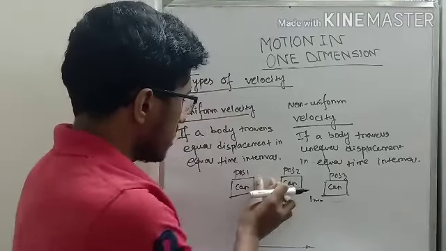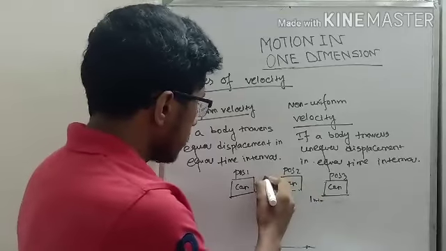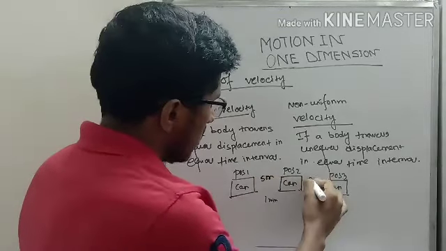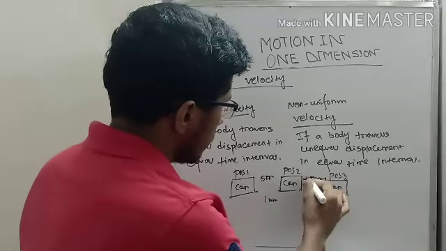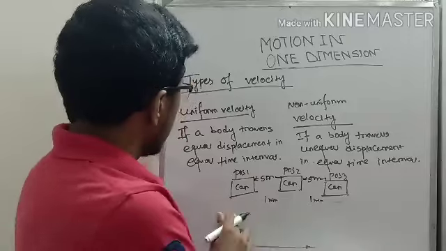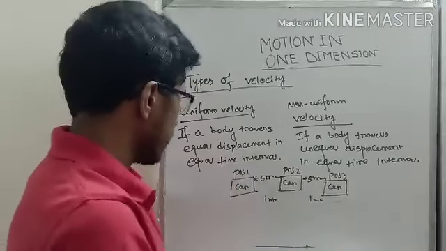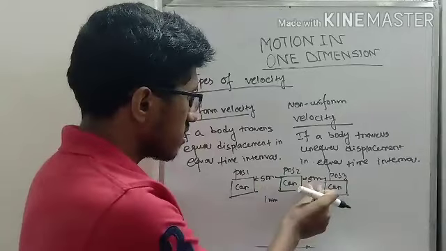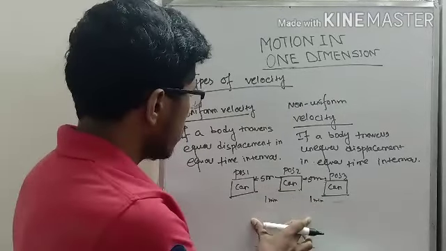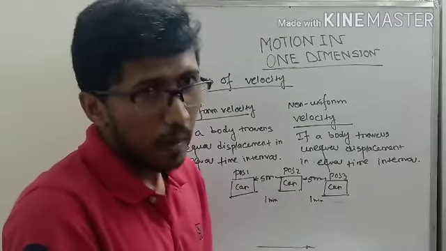If the displacement between these two positions is 5 meter, and this is also 5 meter, then the body travels equal displacement in equal time interval. So we can say this body is moving with uniform velocity.